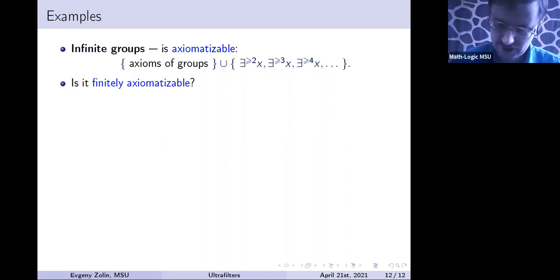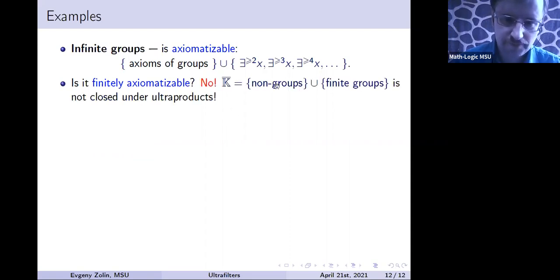So we firstly have finite groups, and secondly, any other structures in our signature of multiplication that are not groups, that do not satisfy the axioms of groups. So we have non-groups and finite groups. Why is this class not closed under ultraproducts?